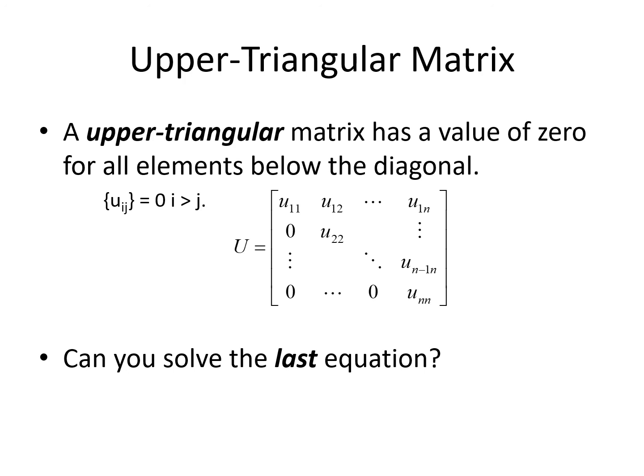The answer is no, because we may directly obtain its value. In short notation, it may be written as {uij} equal to 0 for all i greater than j, where i is the row number and j is the column number.